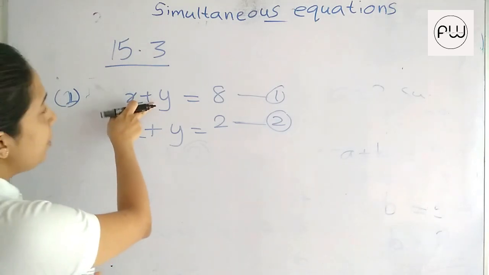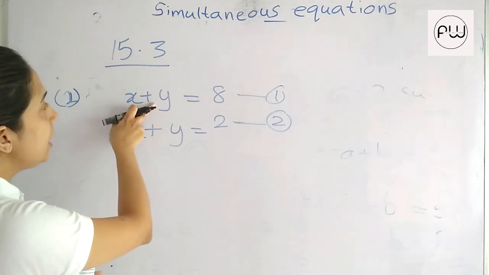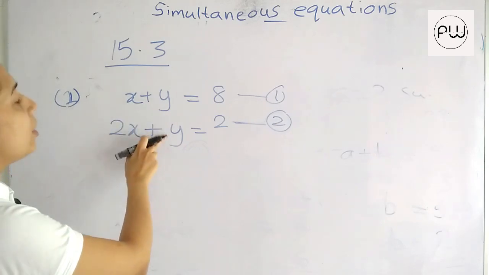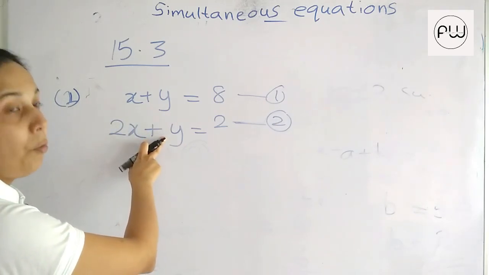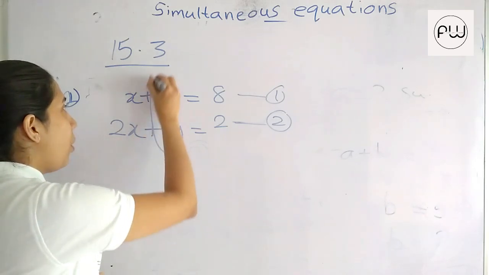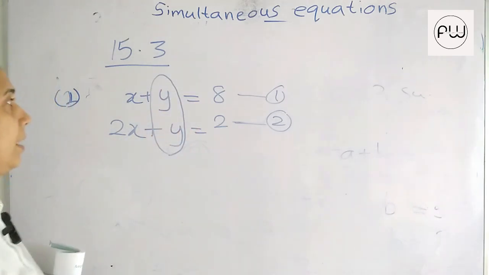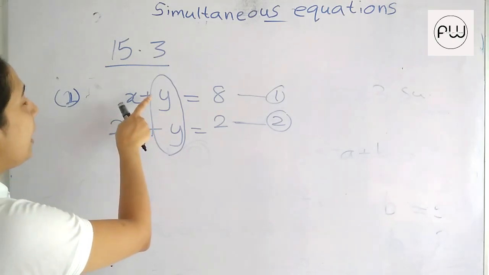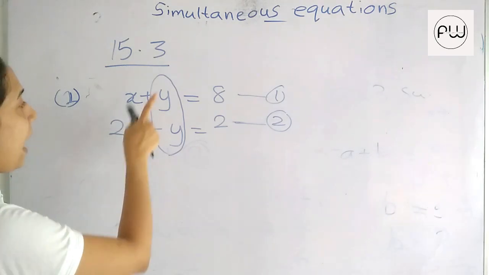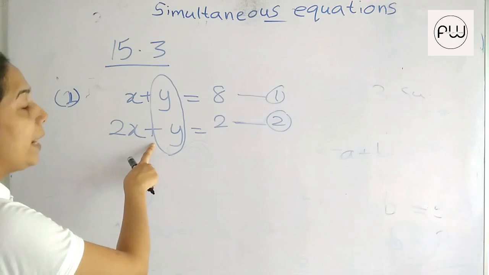But the coefficient of y in the first equation is 1 and the coefficient of y in the second equation is also 1. Then we can get rid of the y term first, right? So now you have to check their signs as well. In the first equation it's plus and in the second equation also it's plus.